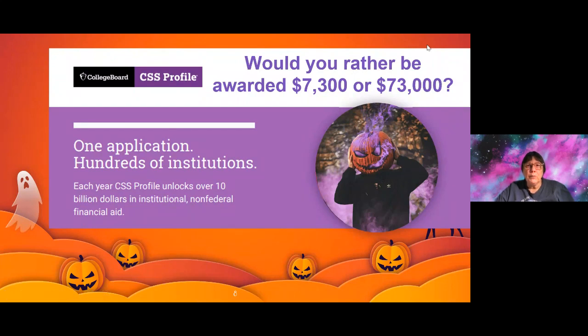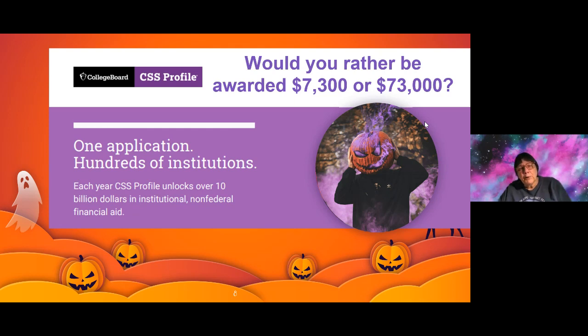Most of you haven't yet worked on this, but the basic idea is at some point this year, probably the end of December, you're going to work on your FAFSA. Additionally, through CollegeBoard, there's the CSS profile. With the FAFSA, you might be eligible for a maximum award of about $7,300 in grants.